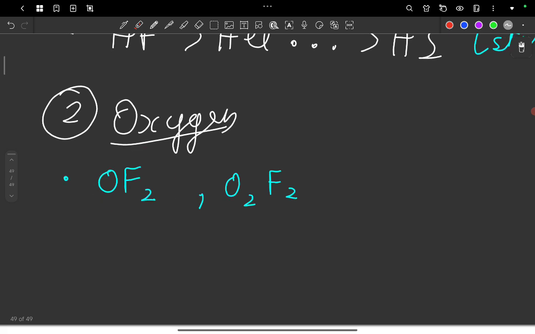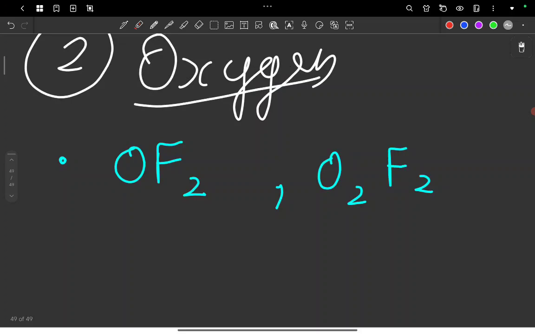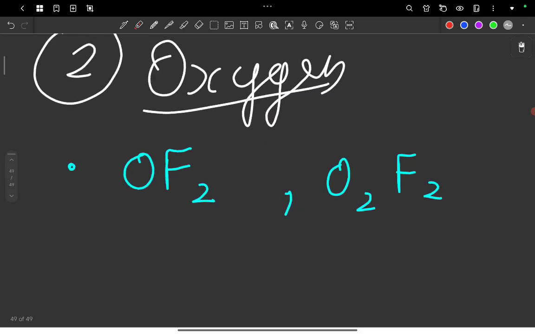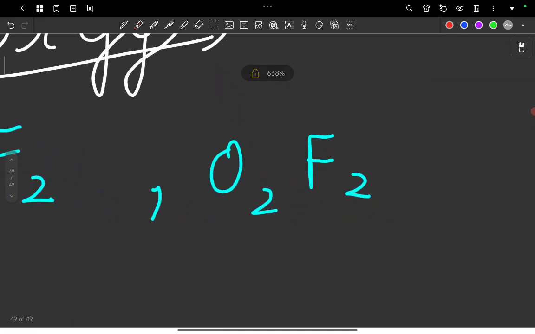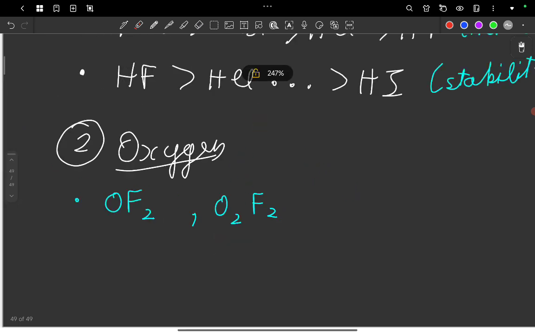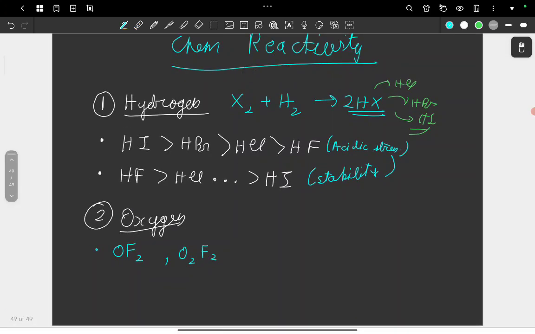This is one of the very rare cases in which oxygen is forced to bear an oxidation state which is not -2, and here it bears an oxidation state of +2. And in O2F2, this is a peroxy linkage and it bears an oxidation state of +1. These are the two oxides of fluorine which exist.